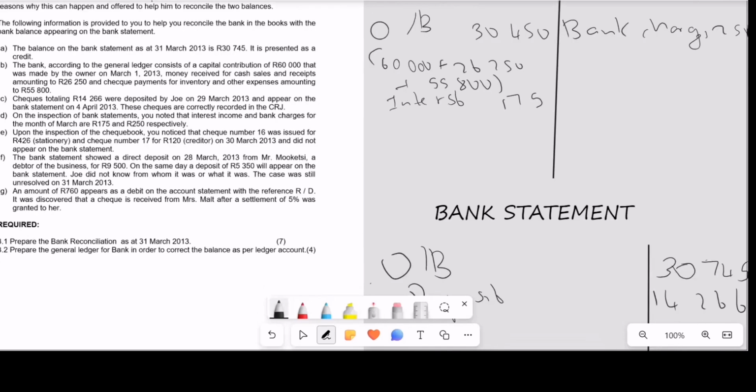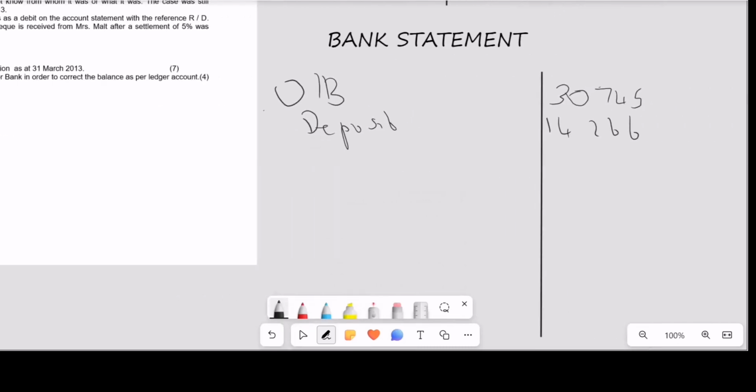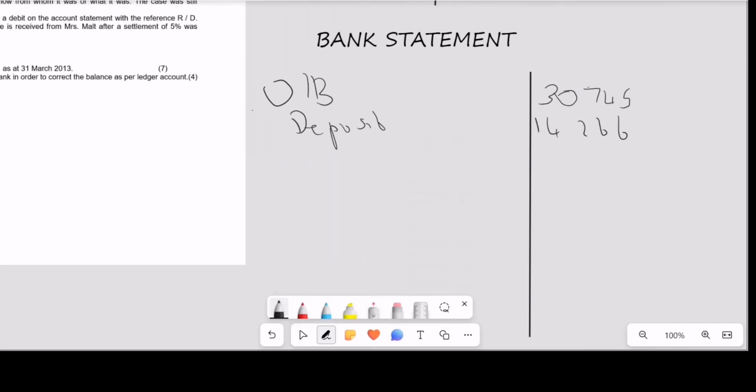It says, upon the inspection of the checkbook, you notice that check number 16 was issued for 426 for stationery and check number 17 for 120,000 to a creditor on 30 March 2013, and they did not appear on the bank statement. Basically, they're telling you they're already in our books, but not on the bank statement, which means the bank has not yet taken them into account. So we have to include them here.